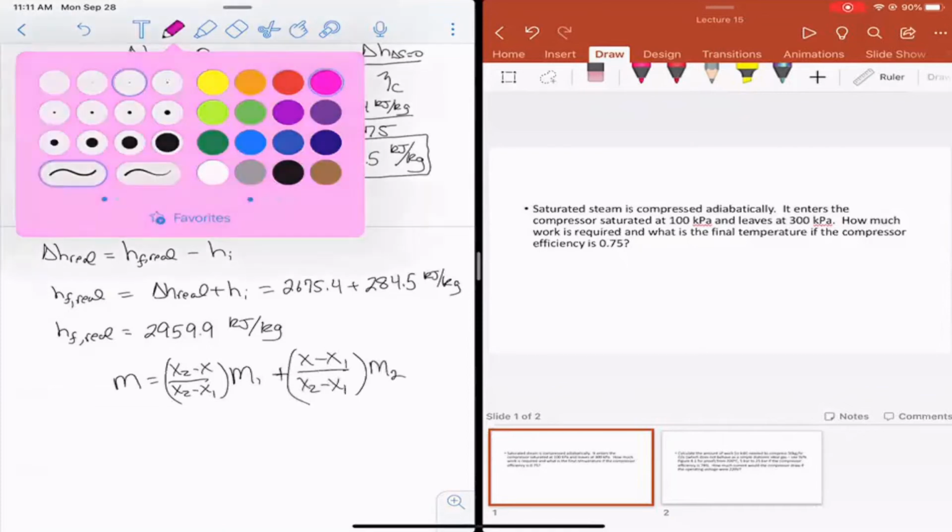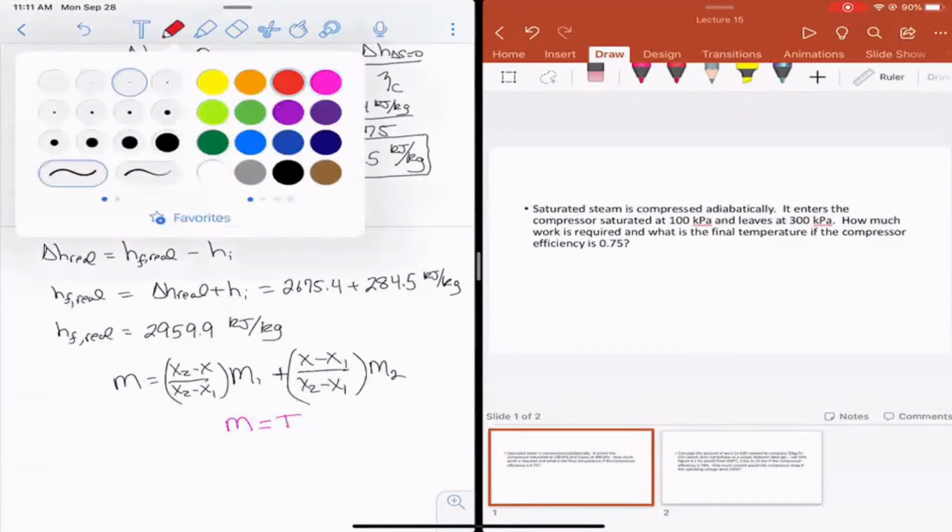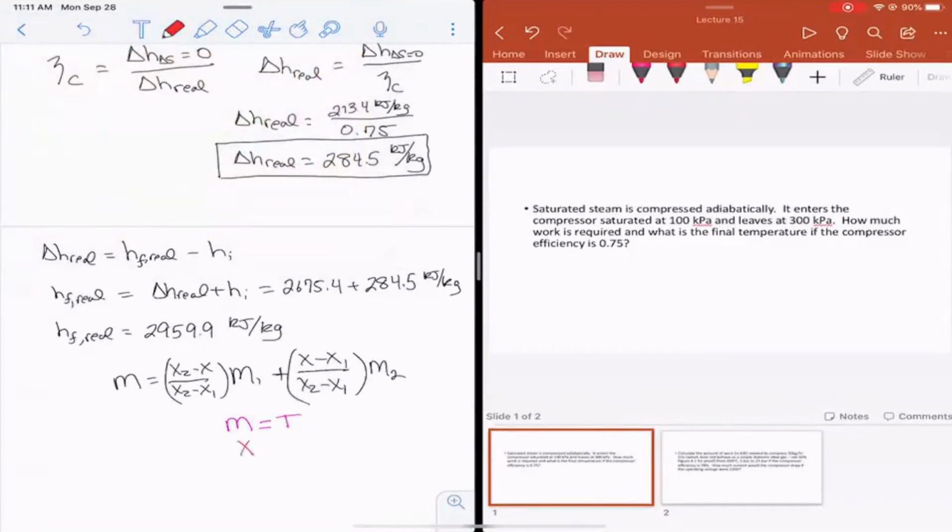And now, in this process, M is equal to the temperature, and the x's are the enthalpies that we know. And now this is going to be our target enthalpy.